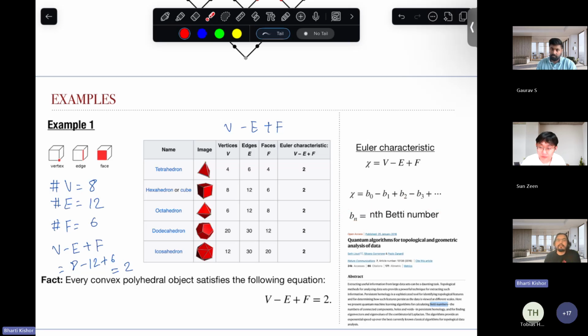So no need to worry. I'm just telling you that for a general object, you can calculate this Euler characteristic, not just V minus E plus F. Here we are talking about convex polyhedral objects. For more general objects, you can talk about the Euler characteristic and calculate it using Betti numbers. When people do topological data analysis, Betti numbers are very important.